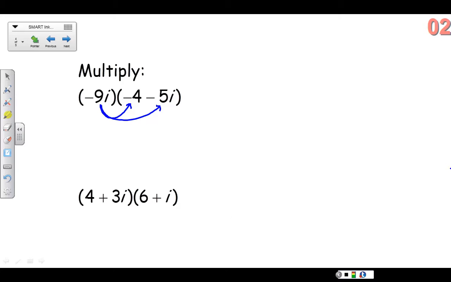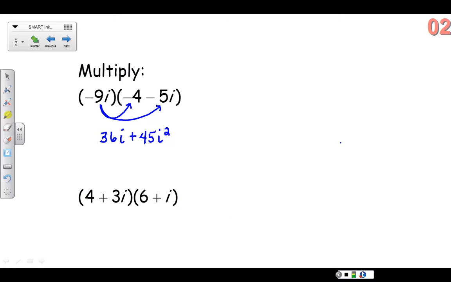First, -9i times -4 would give me positive 36, but I have one i, so 36i. Now, the next multiplication, -9i times -5i. -9 times -5 will be positive 45, but then you have the i times i as well, so i squared.